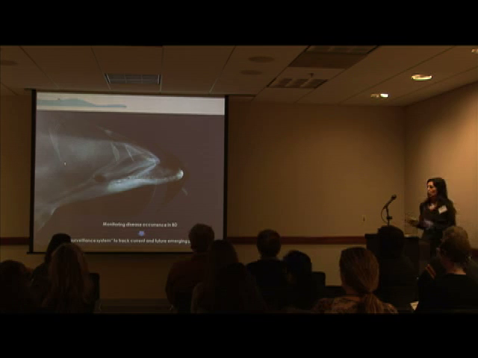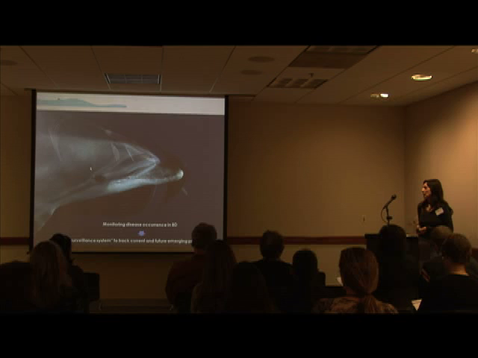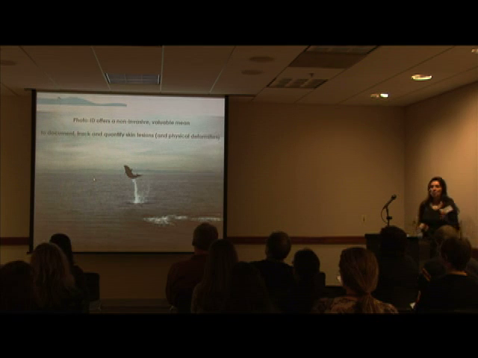So, in conclusion, monitoring these diseases on bottlenose dolphins offers a very useful tool to track the current and future emerging pathogens on these animals. And photo identification offers a perfect system to do this in the field. But we need to remember two things.